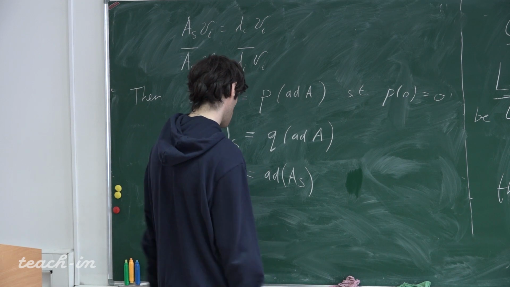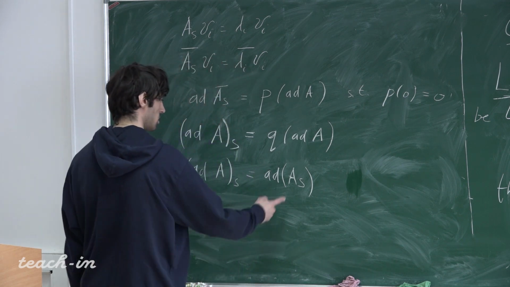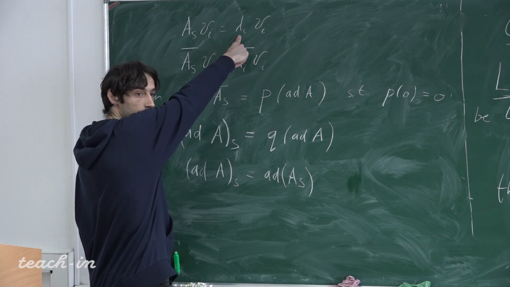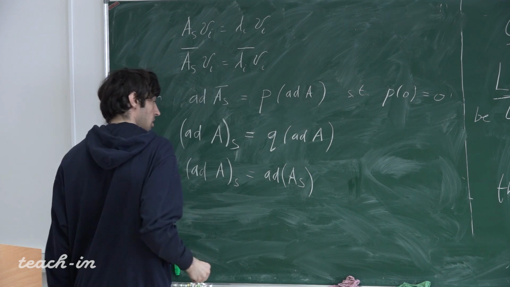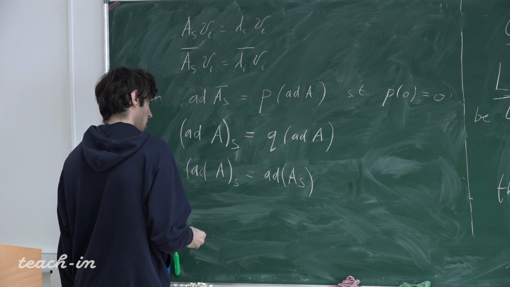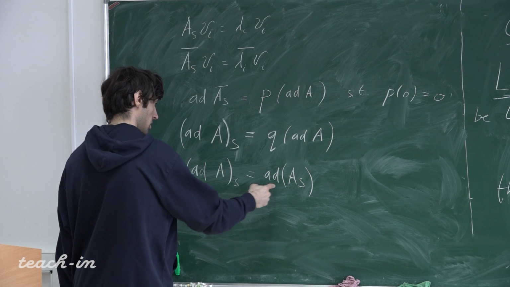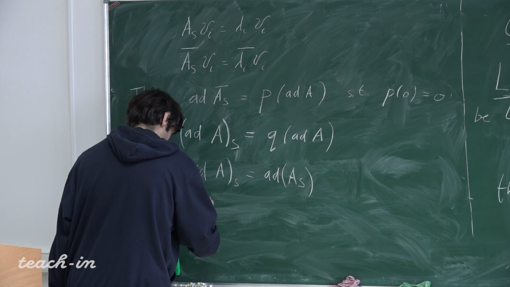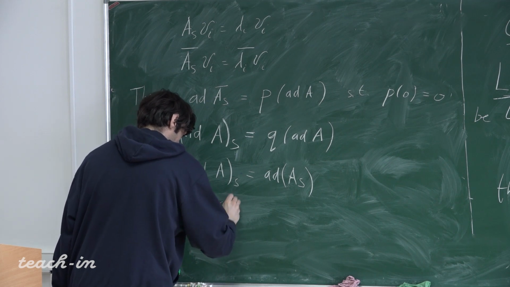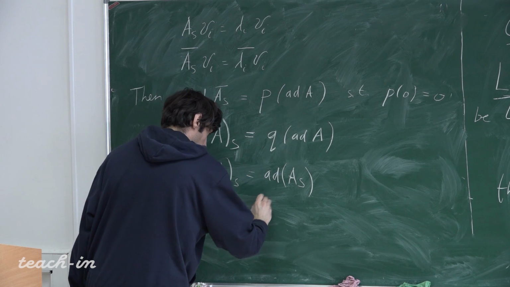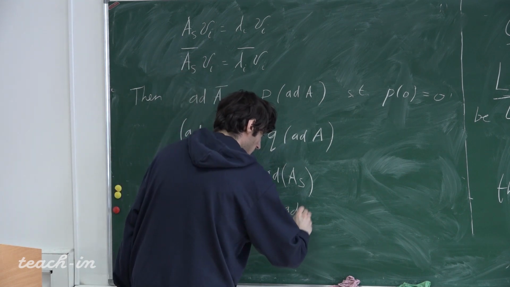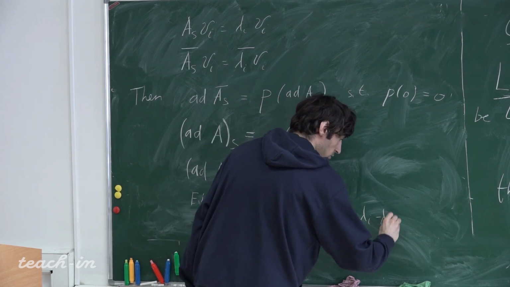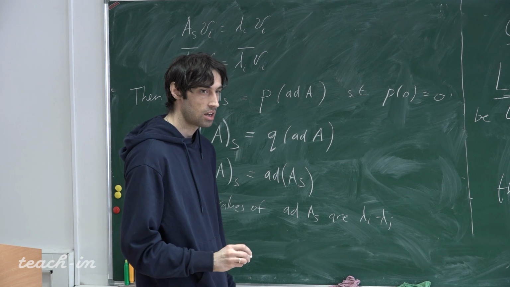All right. So eigenvalues of AS are lambda i's. But eigenvalues of ad AS then are lambda i minus lambda j for each pair i and j.